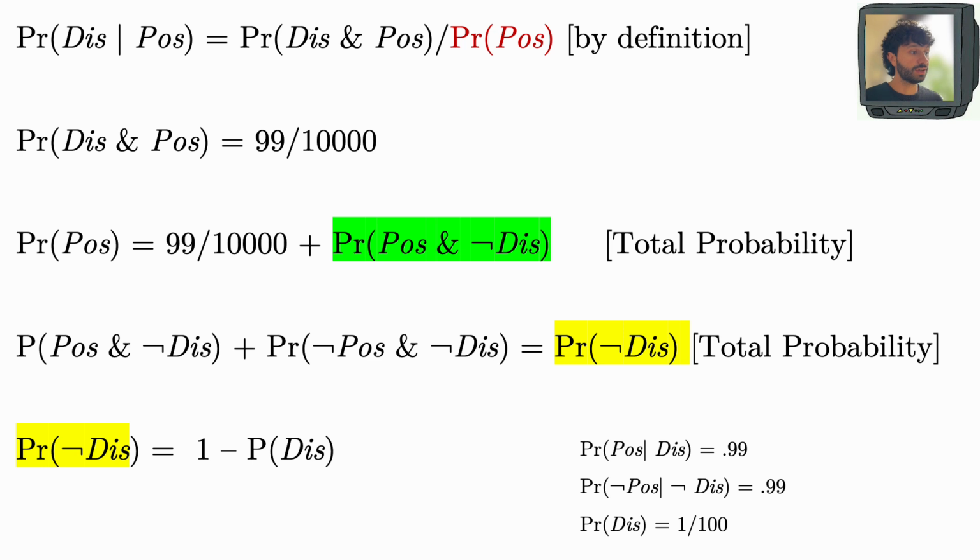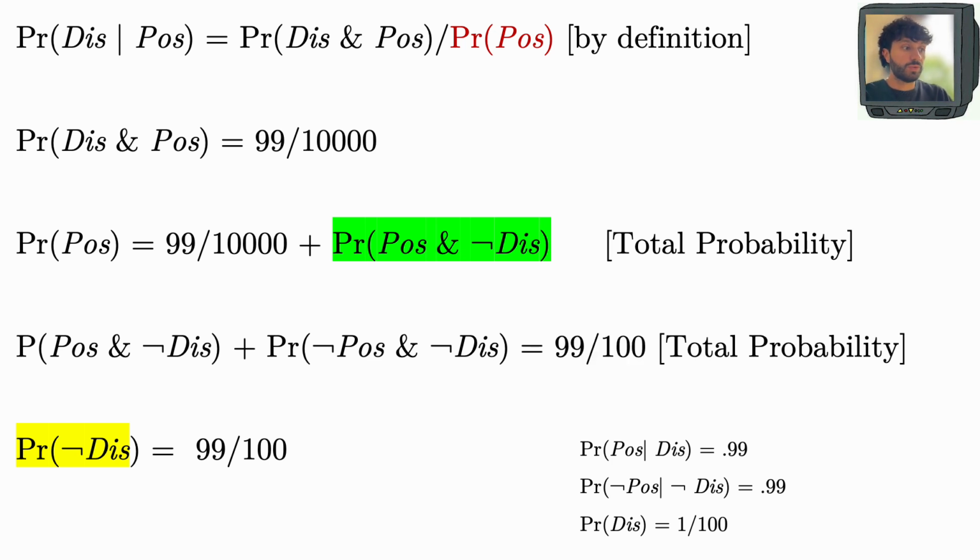But so here, the probability of not having a disease is 1 minus the probability of having the disease. And that's just 1 minus 1 over 100, which is 99 over 100. Remember that we proved this formula in the last lecture. So we can replace that into the equation above and go on.